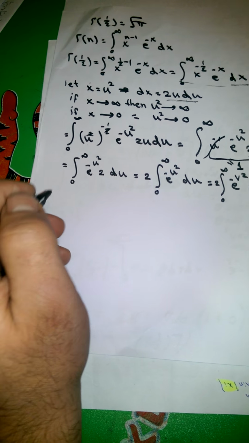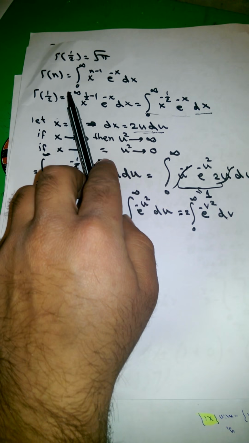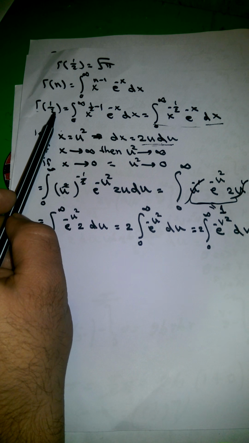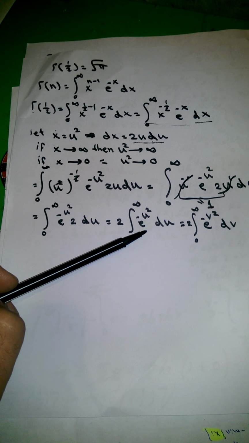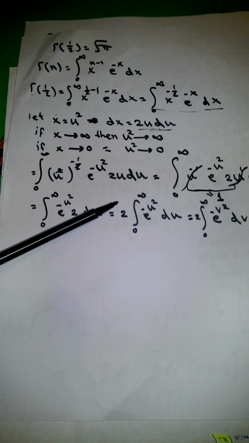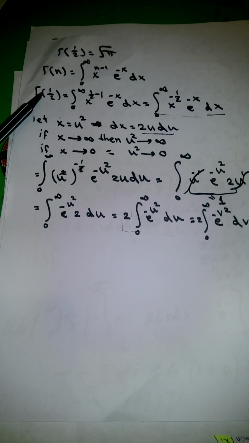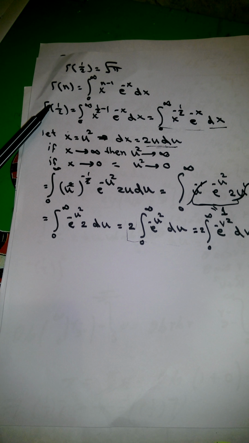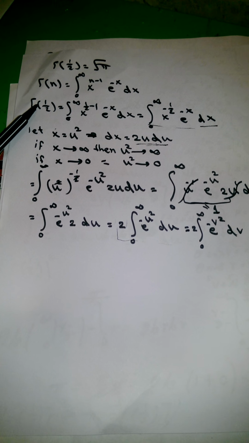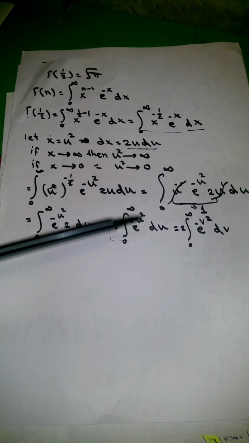And we square both sides of the equality here, since we have the gamma of 1 over 2 and it is equal to this integral. If we square the left hand side of the equality, we have to square the right hand side of the equality.